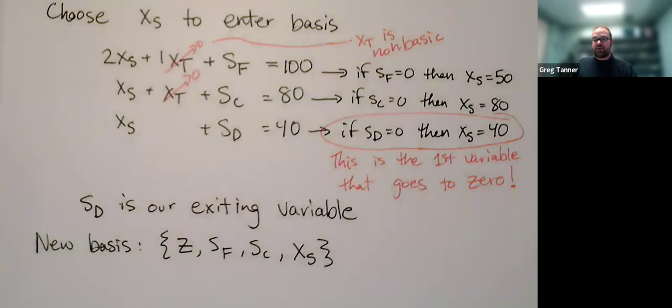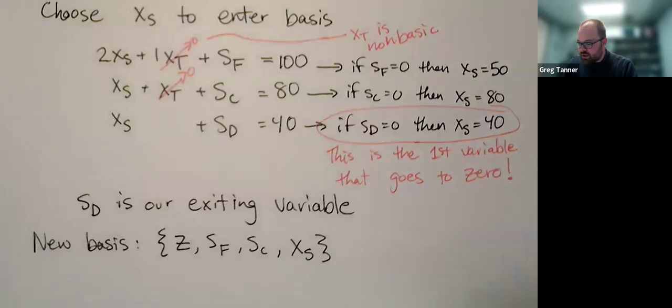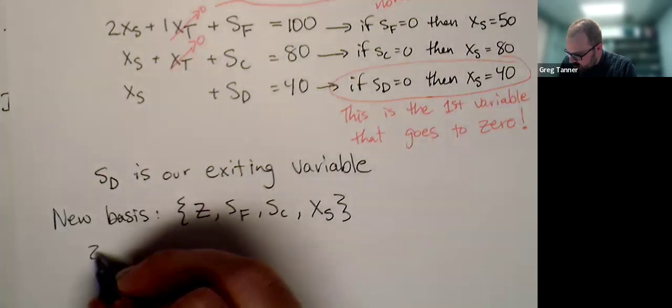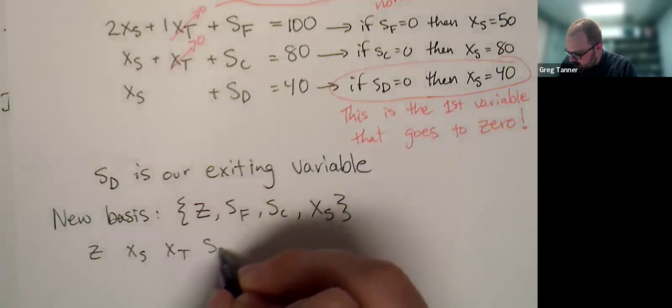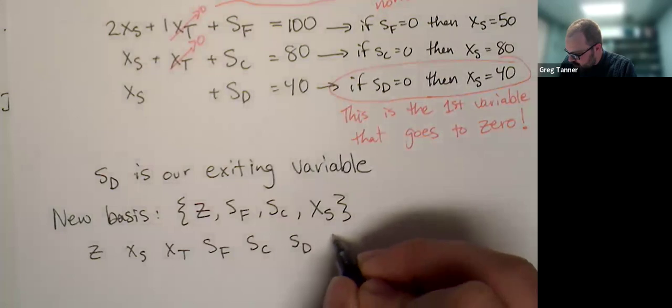And now the trick is we need to do elementary row operations so that we get our standard basis vectors below each of these in our tableau or our augmented matrix. So I'm going to go ahead and set this up again. So Z, xs, xt, sf, sc, sd, right-hand side.